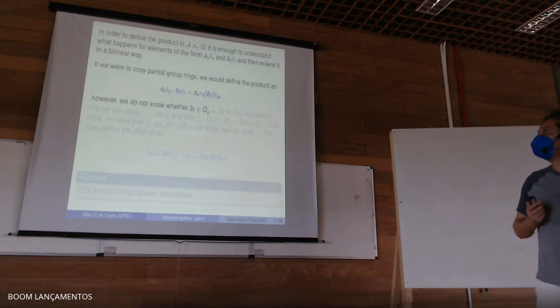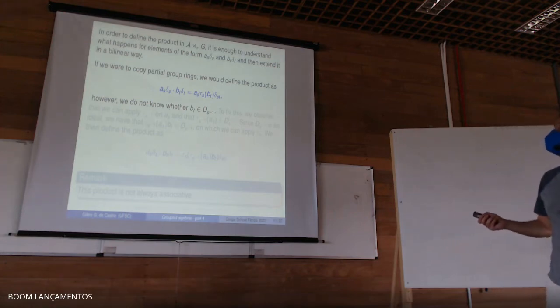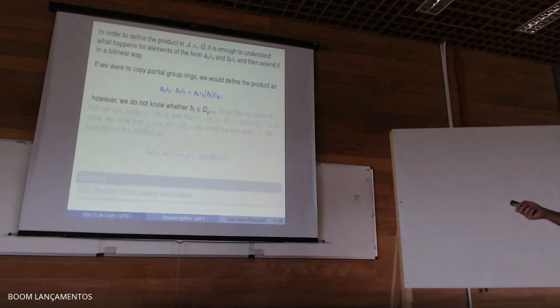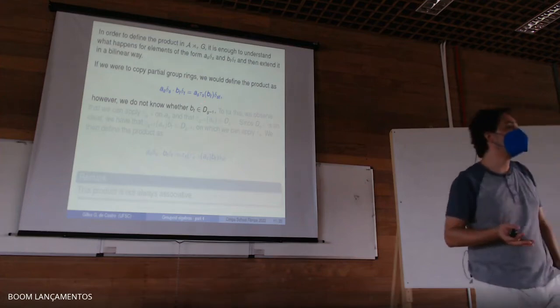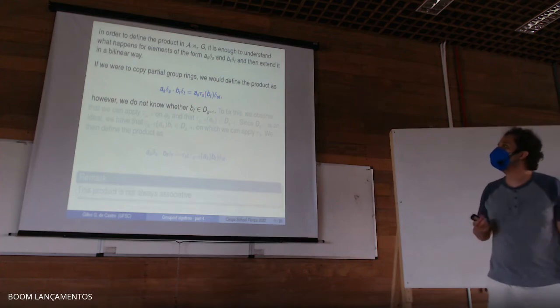The first attempt should be to look at what to do for group actions and try to do the same thing. So we should try to define the product in this fashion: when you commute delta_s with b_t, you should apply tau_s on b_t. The problem is that we don't know if this b_t is going to be in the domain of tau_s. So in general, this does not make sense.